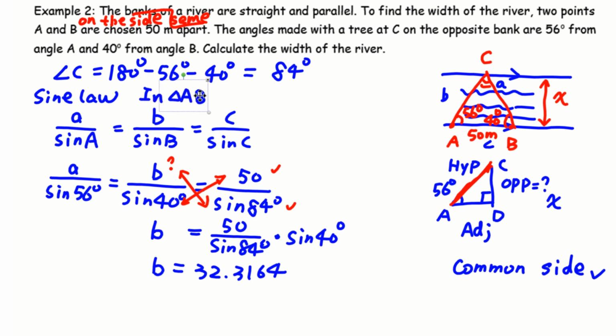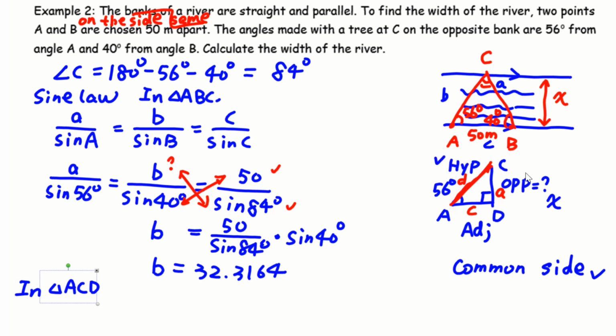And after that, we are going to use the next triangle ACD. We could use SOHCAHTOA, or you could use the sine law again. If you are using sine law, it will be sine C, sine A, sine D. I will try to use SOHCAHTOA. So this one, the hypotenuse, we know it is from this one.